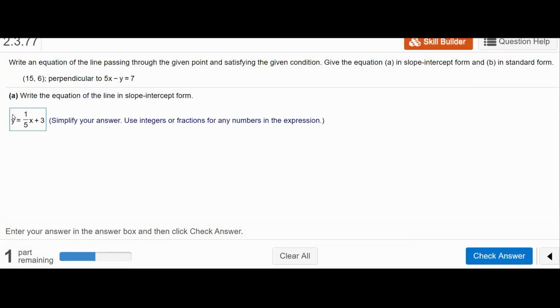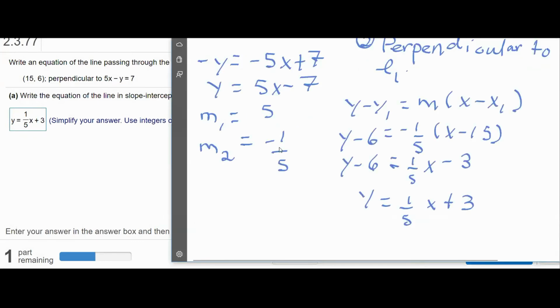Now let's see, what doesn't it like? 1/5 of 15, that is 3. 3 plus 3 is 6. Did I lose a negative sign somewhere? I did. -1/5. So -1/5 there, plus 3 there.